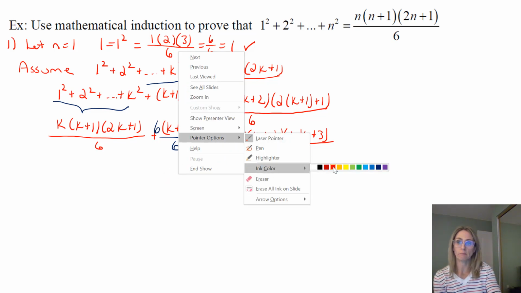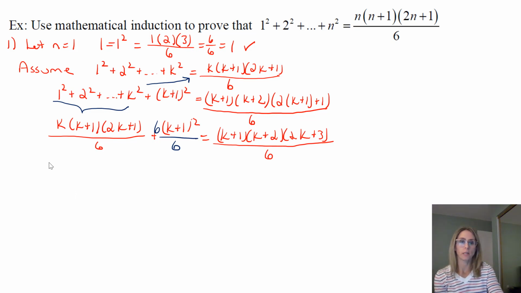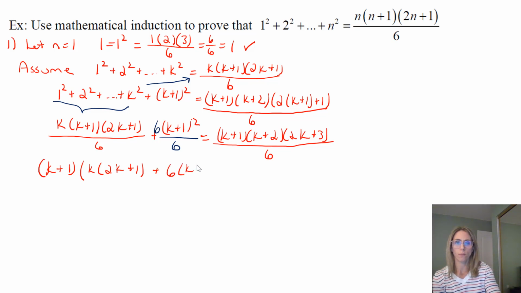Sorry for anybody that doesn't like it. But I'm going to pull out the k plus 1 from both of these terms. That will leave me with k times (2k plus 1) plus 6 times (k plus 1), and that's all going to be over 6.